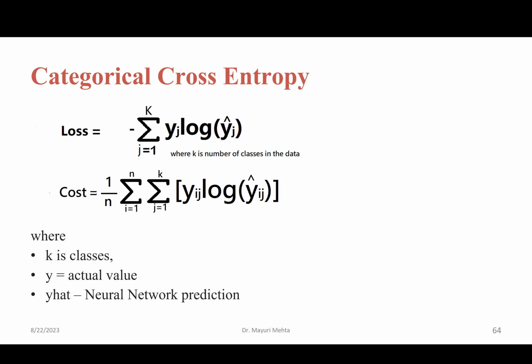Common loss functions for tasks like sentiment analysis or text classification include categorical cross entropy and binary cross entropy, which measure the difference between predicted and true class labels for classification tasks in NLP.